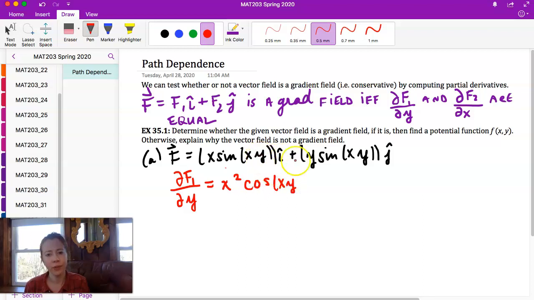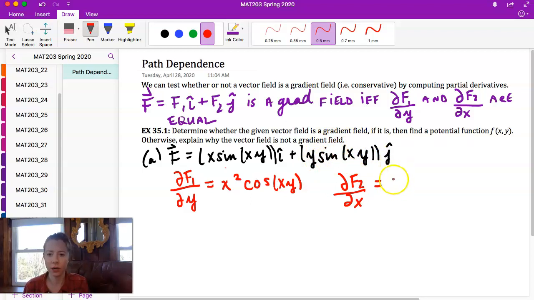Remember, this is with respect to y. And if we took del f2 over del x, once again the derivative of sine is cosine, and then we have xy inside, but we're taking it with respect to x, so we end up with y that we bring out in front.